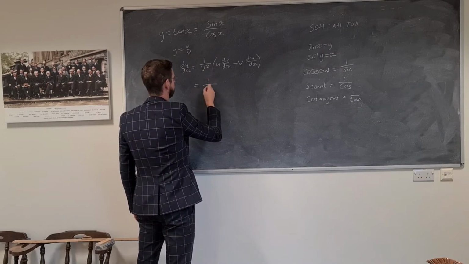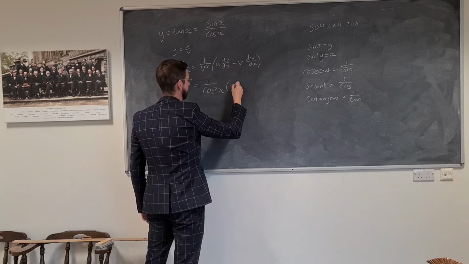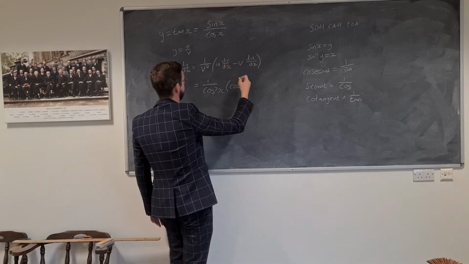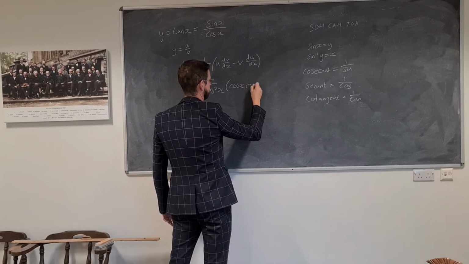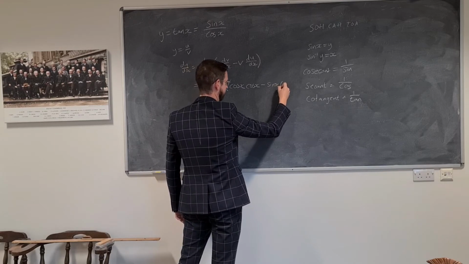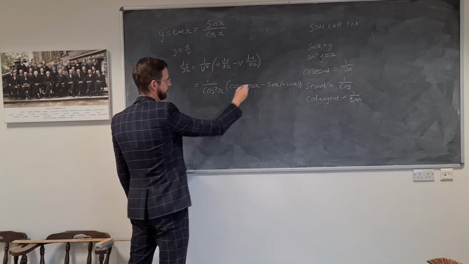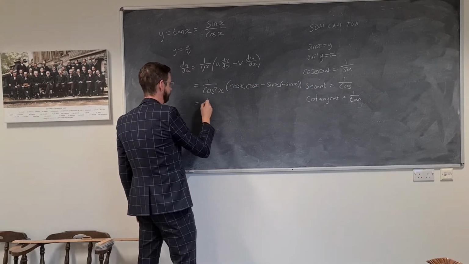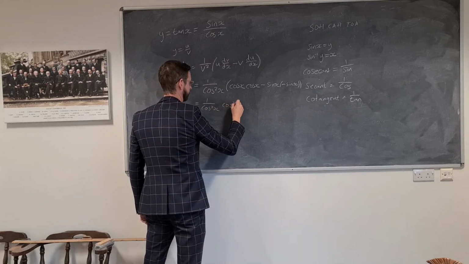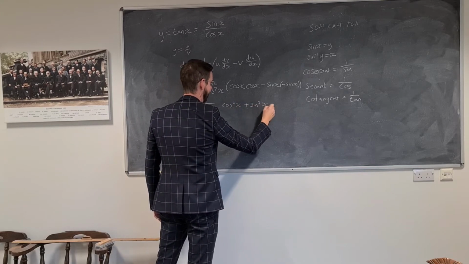V squared would be 1 over cos squared x, u, which is cos x, times the derivative of v, which is also cos x, minus sine x multiplied by minus sine x. And of course we have two negatives here, so that becomes a positive. 1 over cos squared x, cos squared x plus sine squared x.